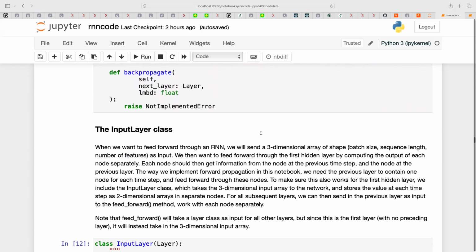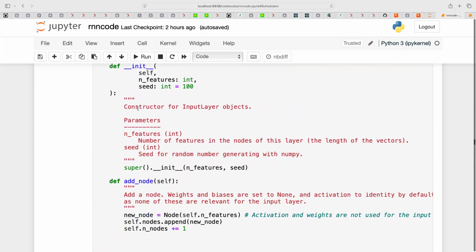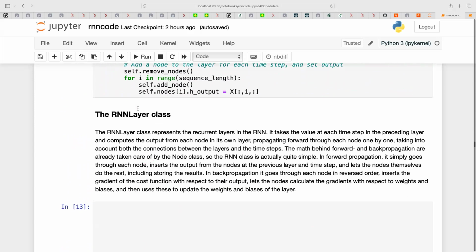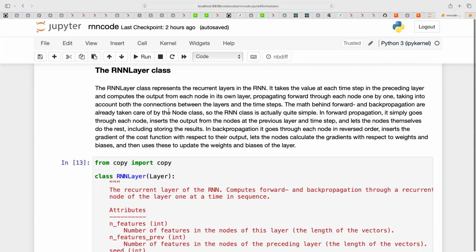And then there's an input layer class where we define that as discussed previously. So we are sending in a three-dimensional array where we now define the size, the sequence length, and the number of features as input. So that's the input layer class. You can take a look at that one if you want to. And then there's the RNN layer class, and that represents the recurrent layers in a recurrent neural network.